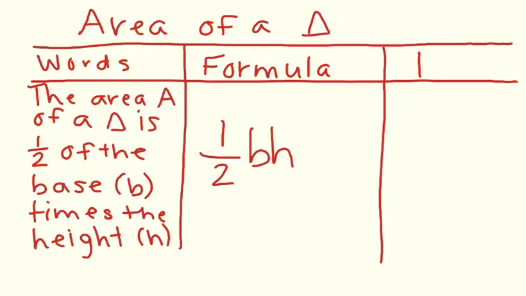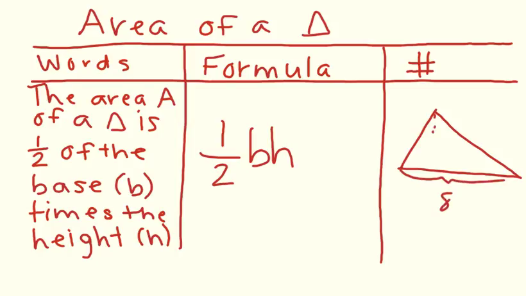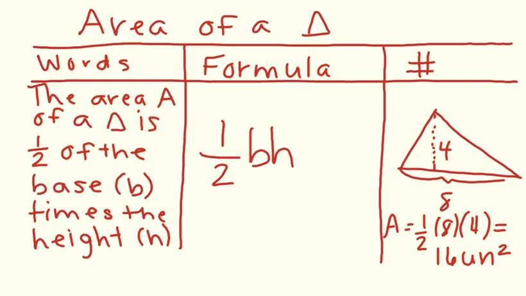And in the number section, which basically means the example, if I give you this triangle and I tell you that this length here is 8 and the height, which I'm dropping from the top of that triangle here, is 4, the area is going to equal 1/2 the base, which is 8, times the height, which is 4, which is equal to 8 times 4, which is 32, divided by 2 is 16 units squared.